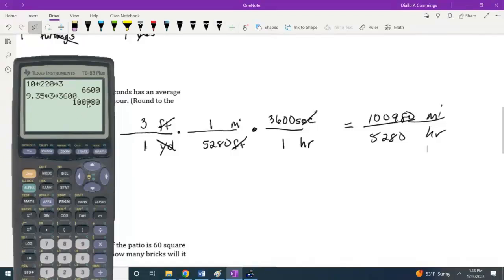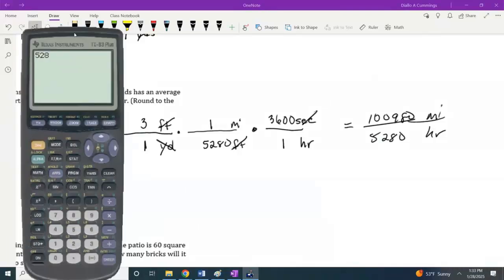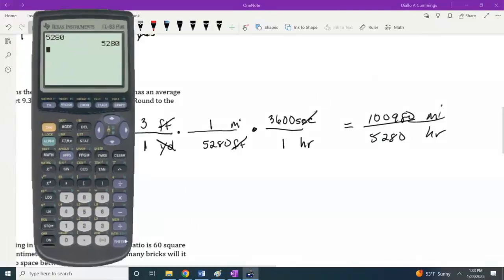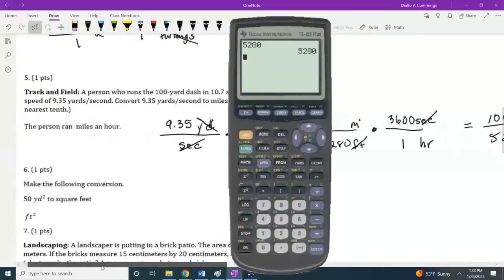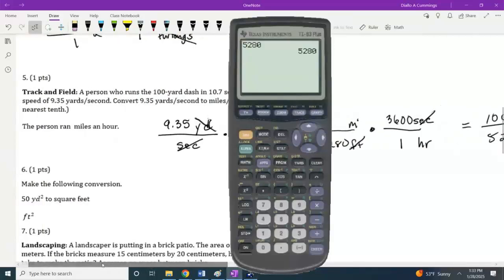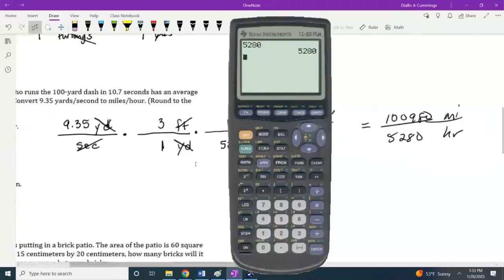So now if I divide 100,980 divided by 5,280, we get, is that 5,280? Let me do that again.